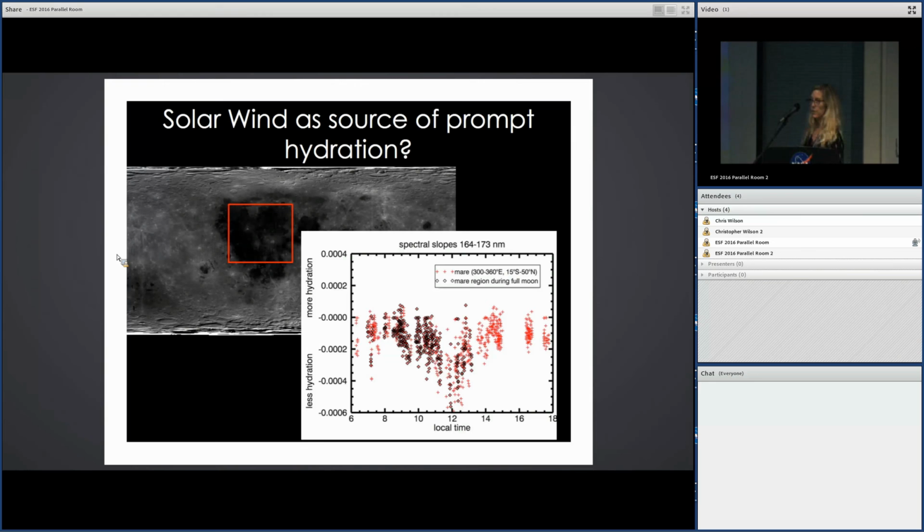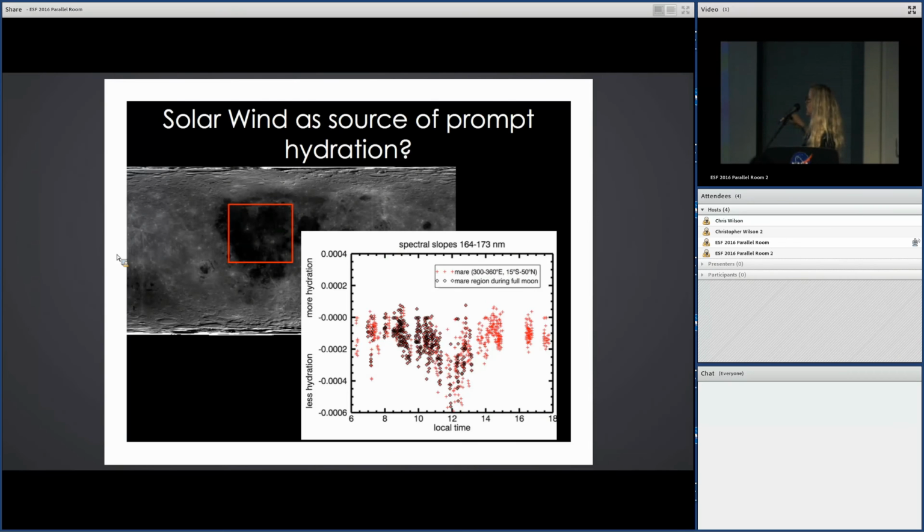And then the black points are the subset of the same data set, but when the moon is in the magnetotail. And we expected that if we're seeing the prompt production of hydration, that we might see that while the moon is in the magnetotail, the black points cover the lower red points, for instance, lower hydration levels.